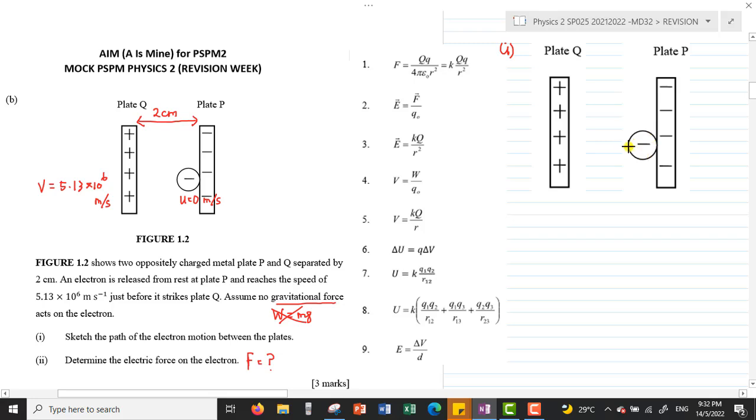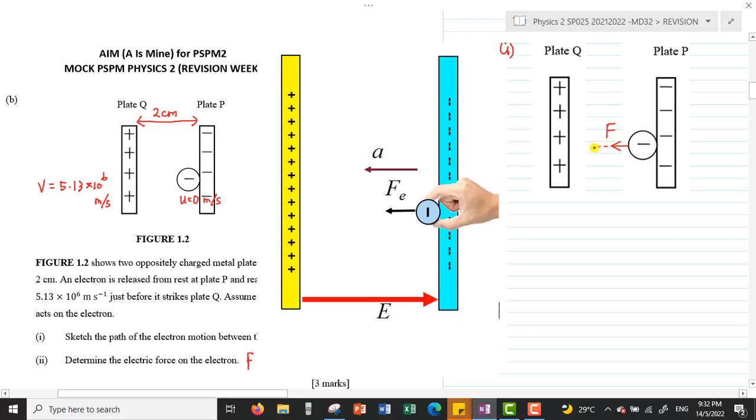So for this electron, it will experience an electric force pointing leftwards towards plate Q. So due to this electric force leftwards, it will move straight horizontally and strike on plate Q. So this is the path of motion.